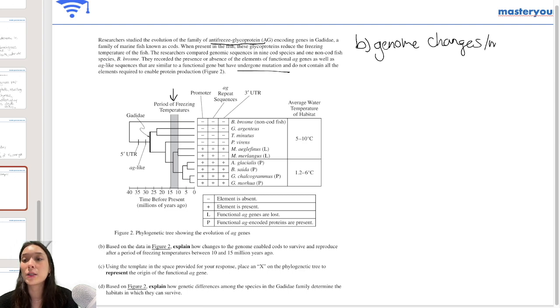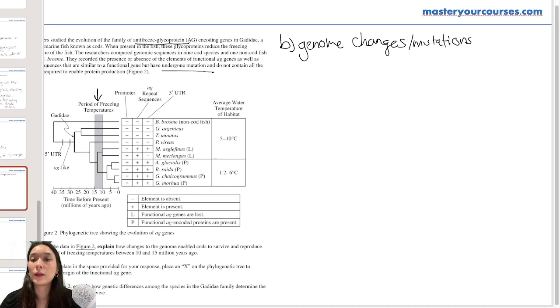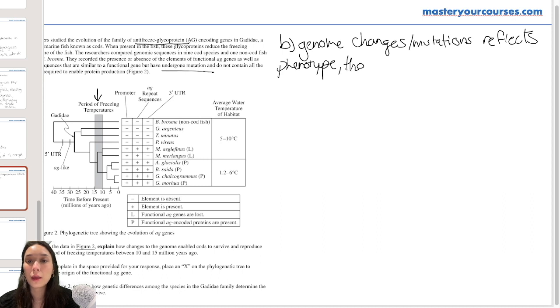/ mutations. We'll say that it reflects the phenotype. So reflects phenotype. So those with the AG genes, which are for the glycoproteins, they would produce antifreeze proteins.